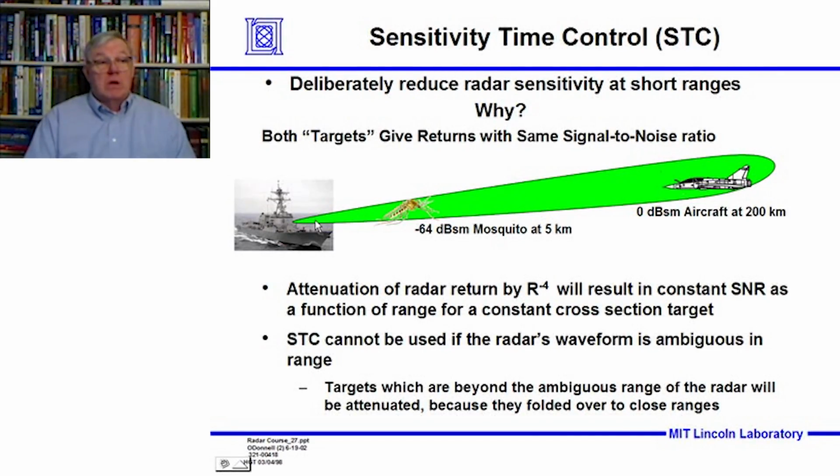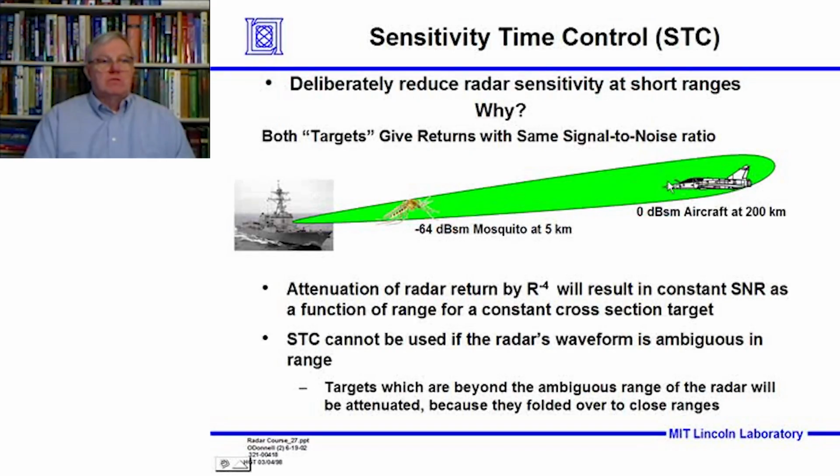If we have a radar on this ship that could see a 1 square meter, that's 0 dBSM aircraft at 200 kilometers, because of just the r to the 4th dependence of the radar range equation, you could see a mosquito, which has a minus 64 dBSM cross-section, at 5 kilometers. So what that says is the radar is going to be incredibly sensitive at close ranges in order to see reasonably small-sized targets out at far ranges.